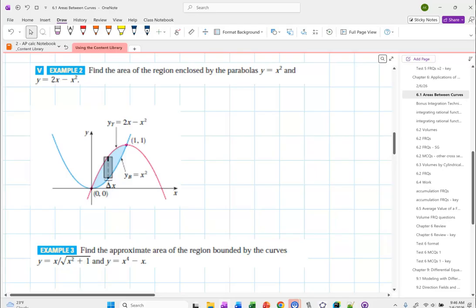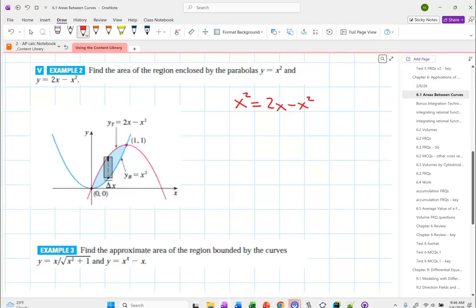Okay. So let's say we want the area of the region enclosed by the parabola x squared and 2x minus x squared. Now, we've been supplied a picture here, so you can see where the two intersect. What if you didn't have that picture? What if you didn't have a calculator?